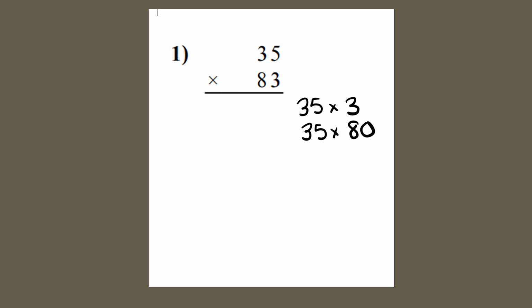And now it's that standard algorithm, the normal way that we all learned and practiced. So I'm going to start with my 3 to do 3 times 35. 3 times 5 is 15. Put down the 5 and I'm going to carry the 1. And then to continue with 3 times 35, I've done the 5, so now I'm going to go diagonal and do 3 times 3 is 9.